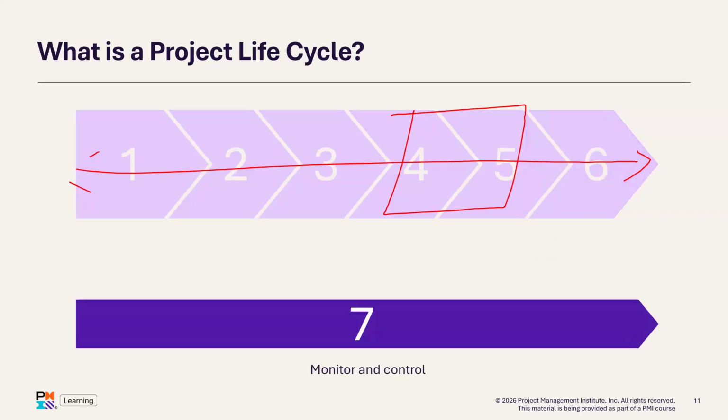And in fact, monitoring and control is not a stage in a project. So we don't have what we call a monitoring and controlling stage. We have to monitor and control the entire stages or phases of the project. That's very important, very instructive.